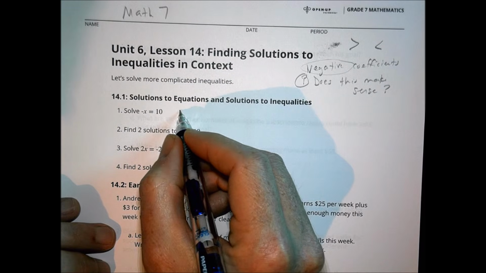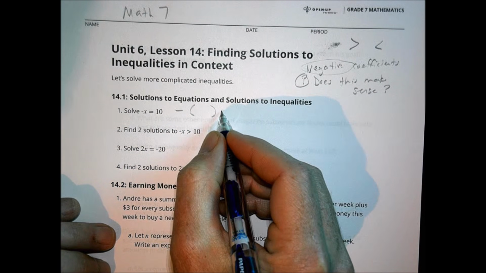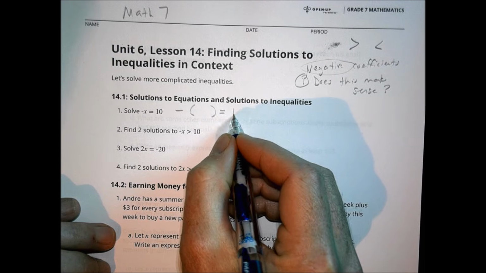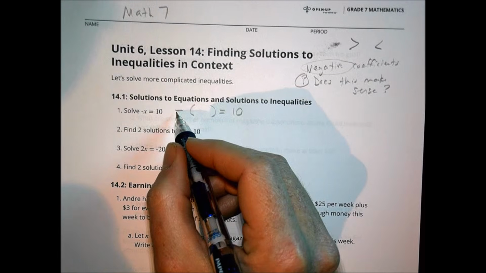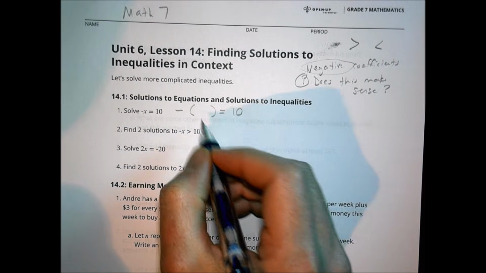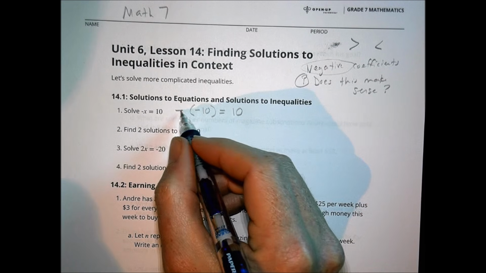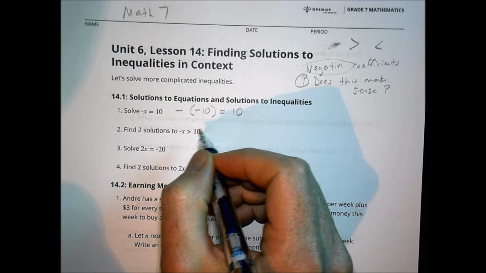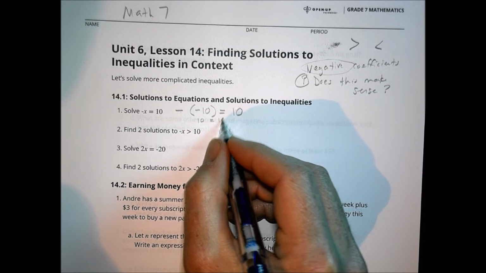Well, I have a negative here, and I need to put something in the place of x to make it equal to 10. Just using some logic here. If I have a negative in front and I put a number here to make it equal to 10, I need to put in a negative 10, because a negative and a negative will become a positive, and then I end up with 10 equals 10.